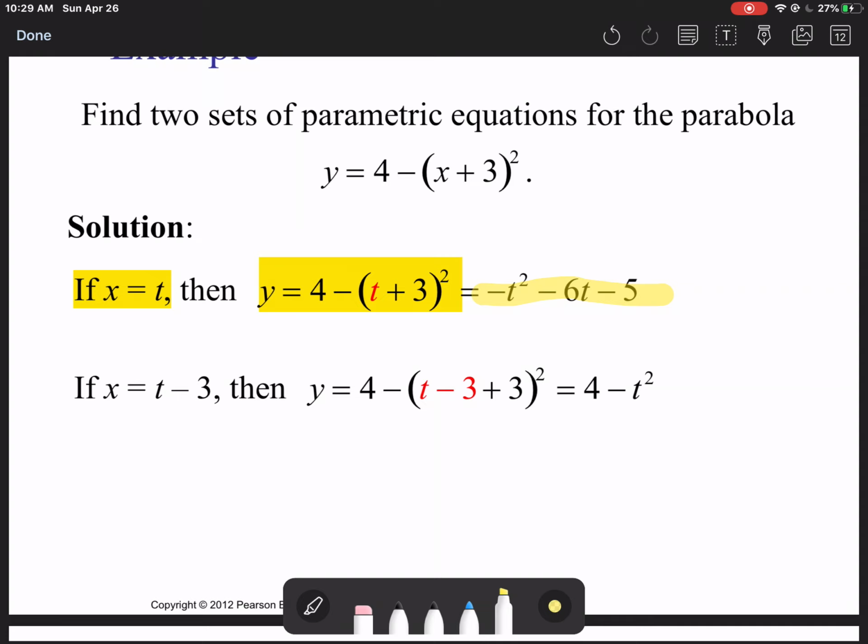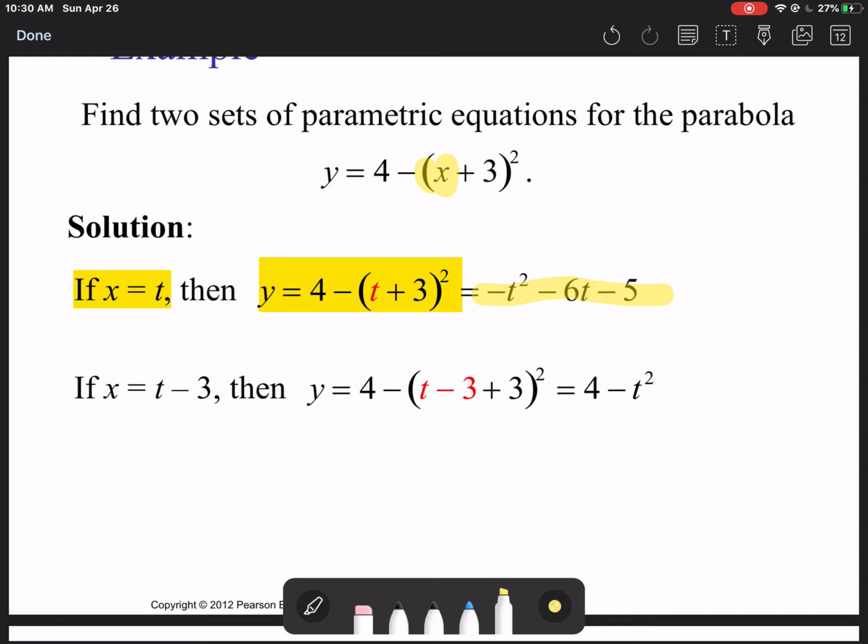Now, to get a second one, you can really do any substitution that you want. I always say, start with x, or whatever your independent or input variable is, and you can replace x with anything you want in terms of t.